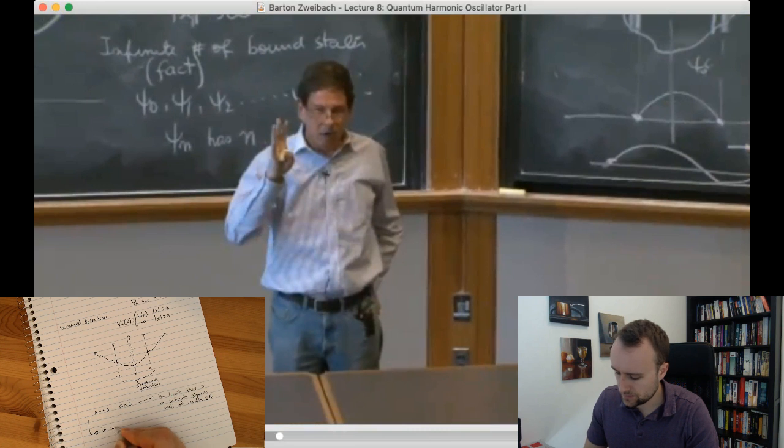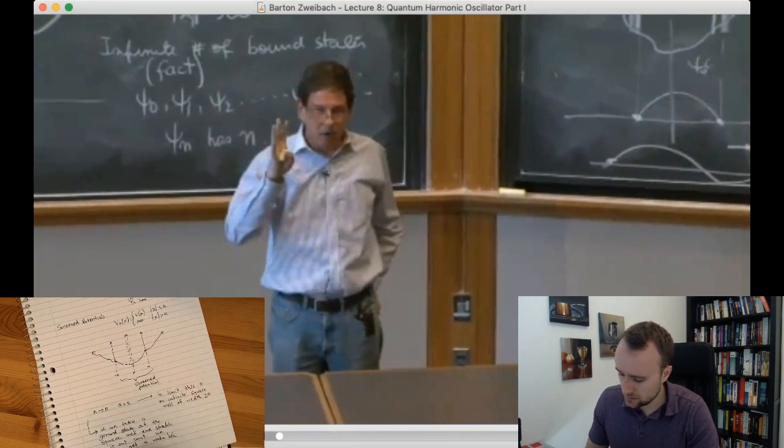So if we take a ground state, the square well, and stretch it out continuously, we can't get a node because otherwise psi equals 0 at some point.